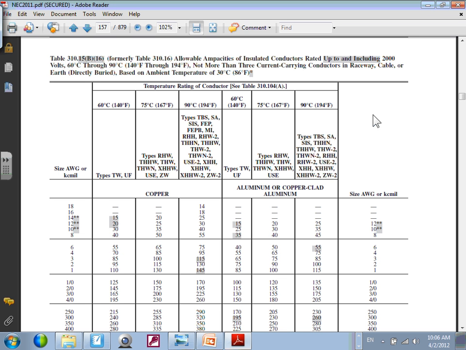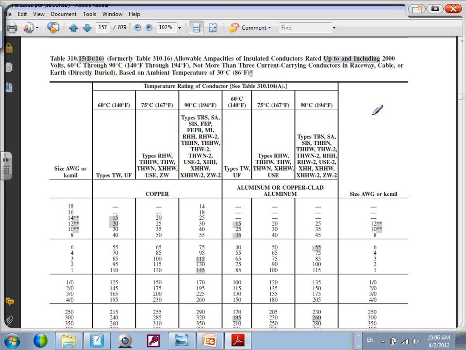Can you guys highlight this one for me just for a second? RHW, and RHW, the ones that have RHW. Highlight these for a second. Any questions about these tables?